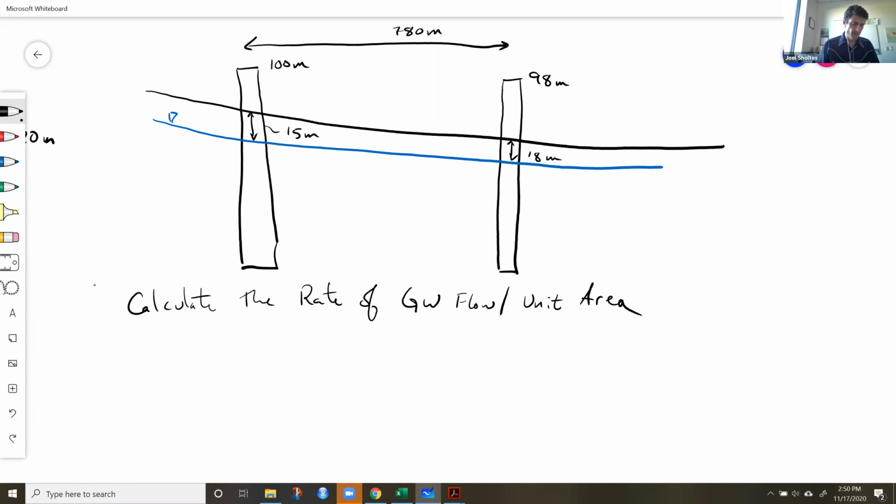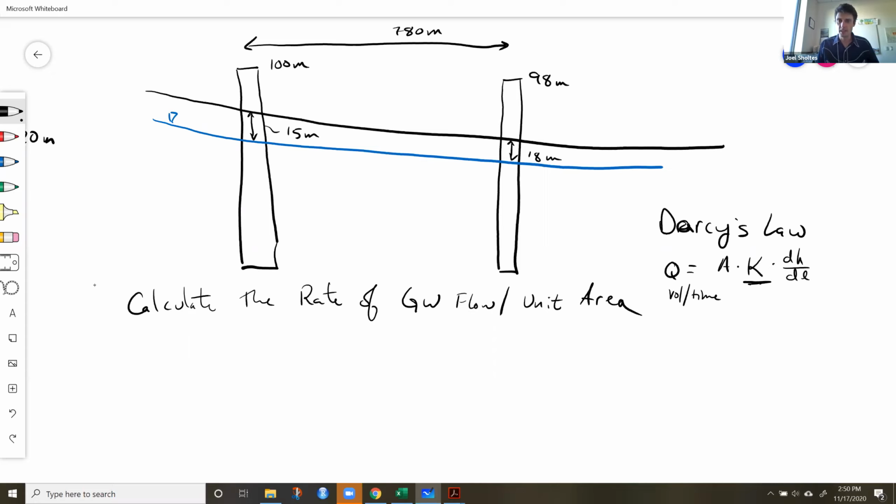So we'll start with Darcy's equation, or Darcy's law. And I originally posed it to you as big Q, which is volume over time, right? Q is equal to area times hydraulic conductivity times dH over dL, which can be approximated as delta H over delta L. We're actually going to assume a value of K for this problem.